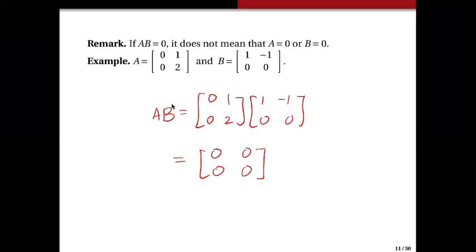So the product AB is the zero matrix, but you have non-zero matrices. Questions?